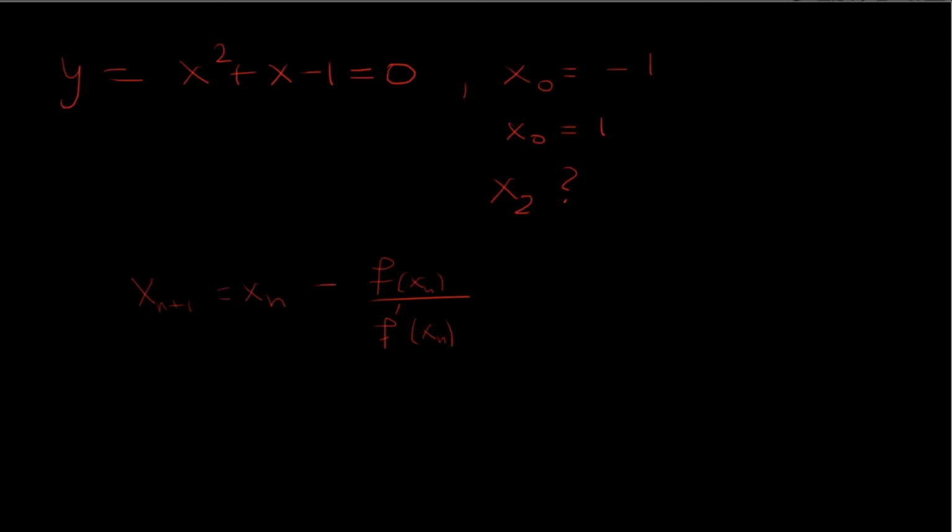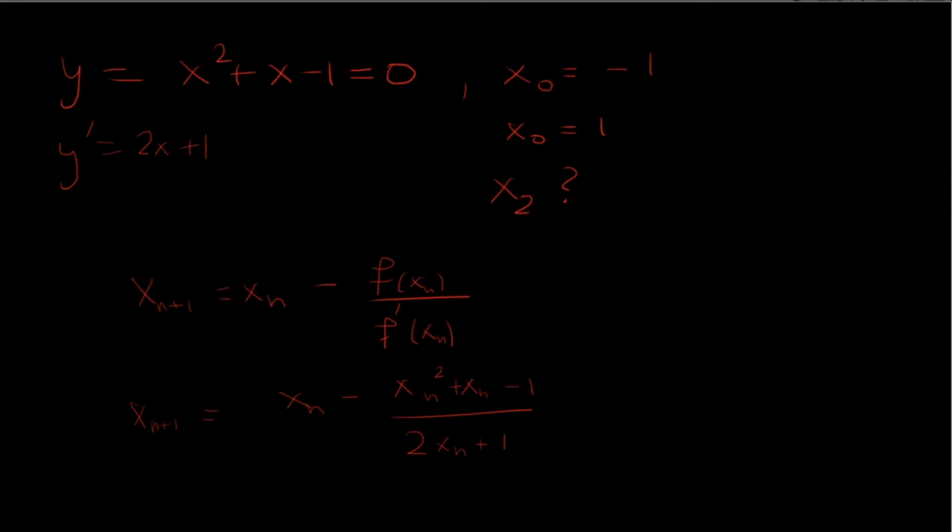So we can plug in x sub n for x. And then for the derivative, we know that's just 2x plus 1. So we're going to substitute in x sub n inside the derivative. Okay, and so this will be our x of n plus 1.